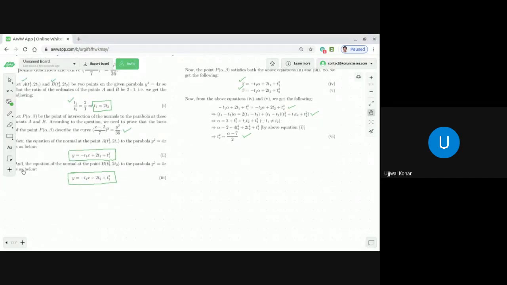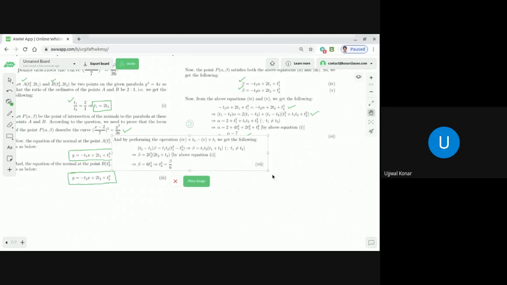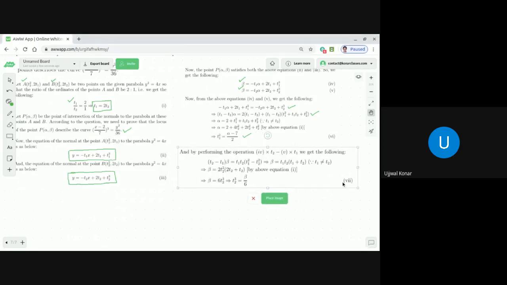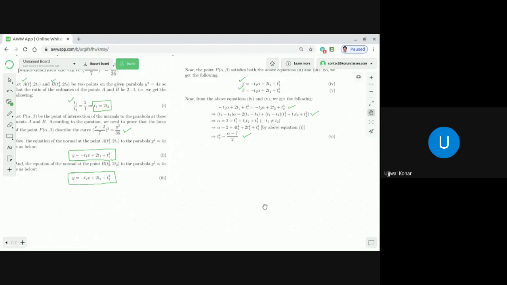From equations 4 and 5, we multiply equation number 4 by T2, and equation number 5 by T1, and subtract equation 4 minus equation 5, and we get this kind of equation.